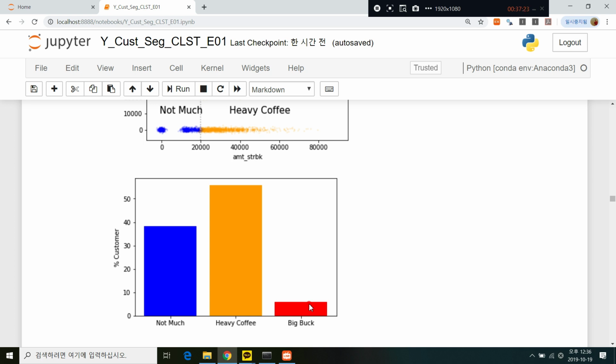At least they buy some Nike and some other things, and they spend on other things too. Thus, they are a very valuable group. Not much, it's about 40%. However, they do not spend a lot.